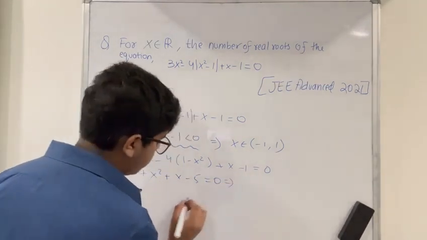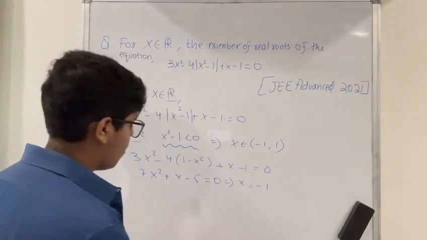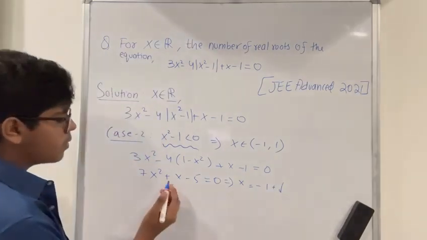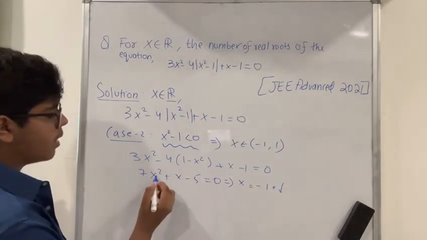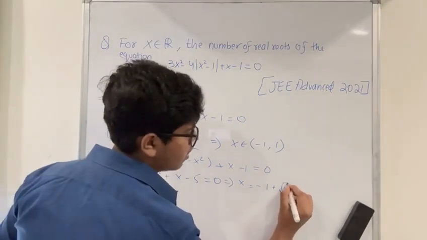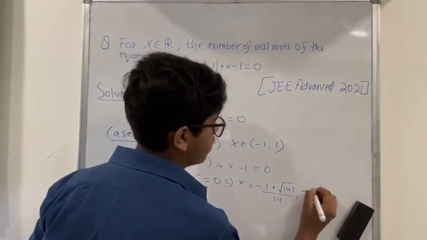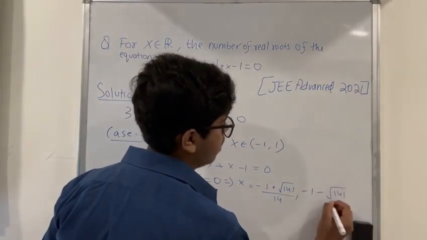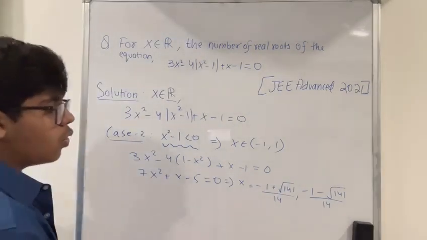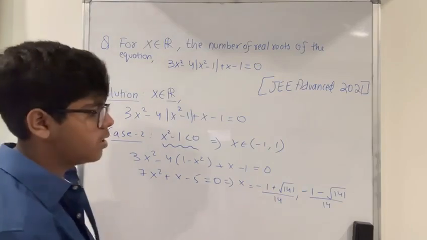Now from here we get the values of x to be (minus 1 plus under root 141) by 14, and (minus 1 minus under root 141) by 14, right? So these are the two solutions from the second and final case.